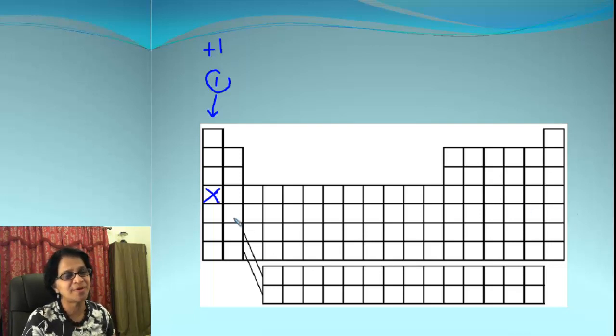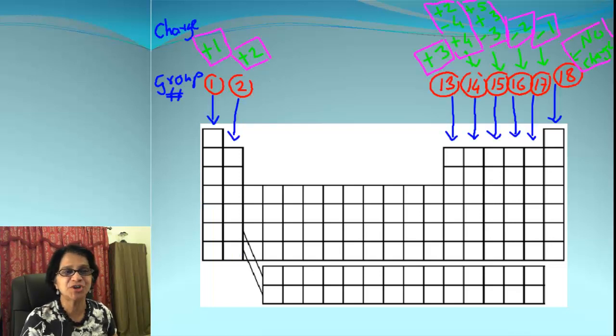Then let's say maybe we have an element somewhere in group number 2. Group number 2 will always have a charge +2. So here is a complete picture of the periodic table with charges. And your job will be just to look at the element, find out which group that element belongs to, and you can predict the charges present on those ions.